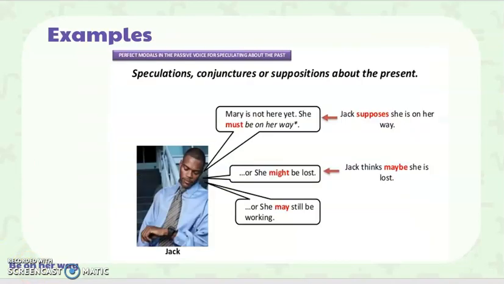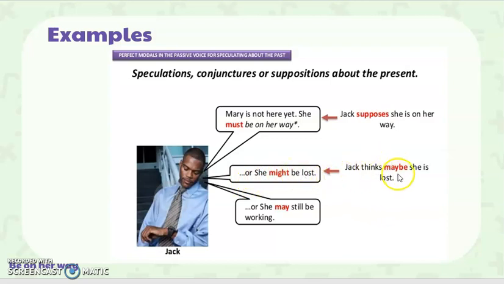Let me show you an example. Look at this picture. Look at Jack. He's waiting for Mary. Mary is not here yet. She must be on her way. What does this mean? This means that Jack supposes that she is on her way. Or she may be lost.